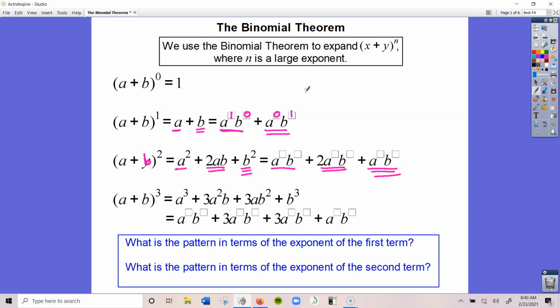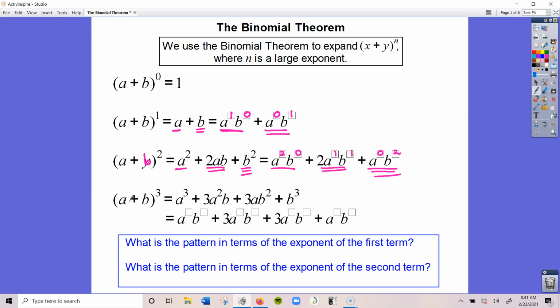So right now we're just trying to take note of the exponent. For a squared, as you can see, the exponent is 2. Since there's no b, that means it's 0. For 2ab, both the exponents of a and b are 1 each. For b squared, there is no a, so 0, but the exponent for b is 2.